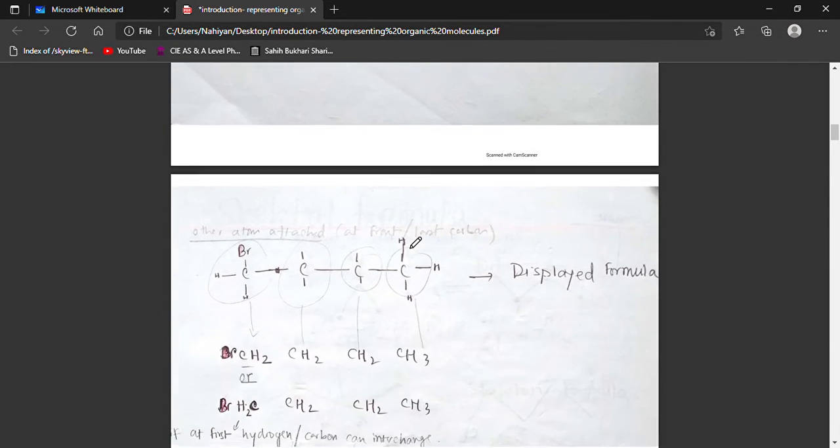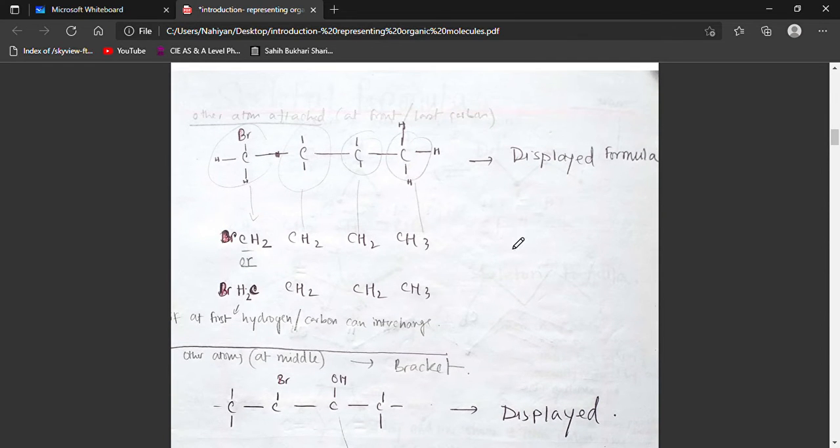Moving on to other things. For instance, instead of a hydrogen at the start or at the end of the molecule, you have a group or you have an atom. So what you can do is write it in two ways.